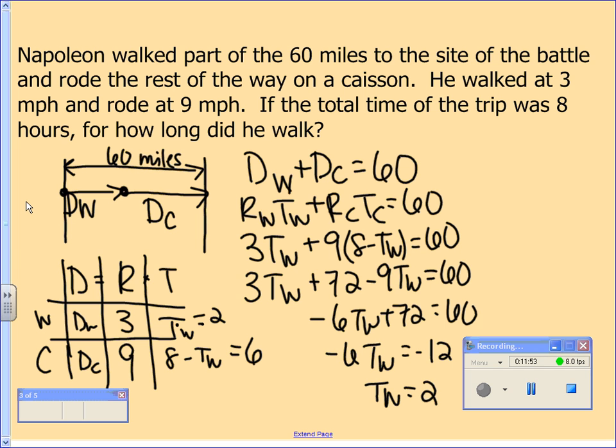I'm just using substitution on this one. You just substitute in. Because the rate times time doesn't necessarily equal the rate times time, because the distances are being added to get 60 on this particular problem.